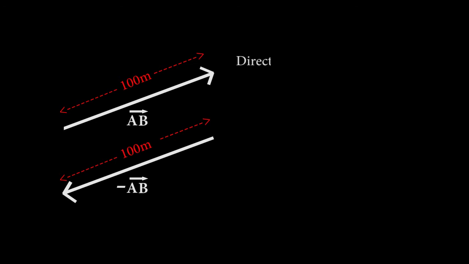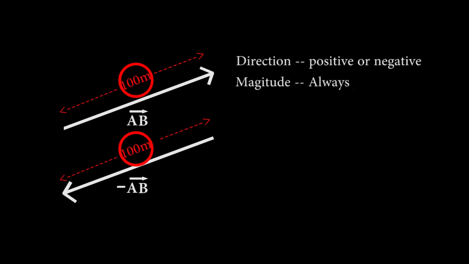This is a vector AB bar in this direction. Now, this is a vector with reverse direction, which is given as minus AB bar. In a vector, direction can be positive or negative, but magnitude can only be positive.